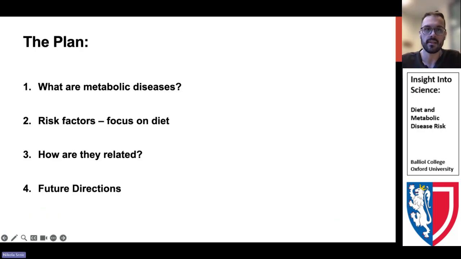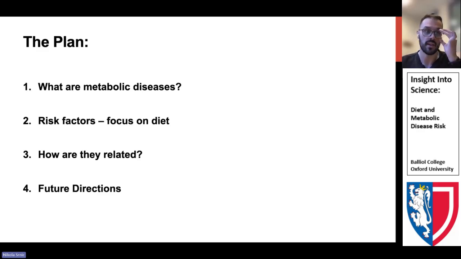In today's presentation, we're going to initially start out by talking about what metabolic diseases are. Then we're going to move on and discuss various risk factors. What does a risk factor mean? For the bulk of our presentation, we're going to talk about how certain risk factors like the diet are related to certain metabolic diseases, and how we can break these risk factors down and see how different aspects relate to metabolic diseases.